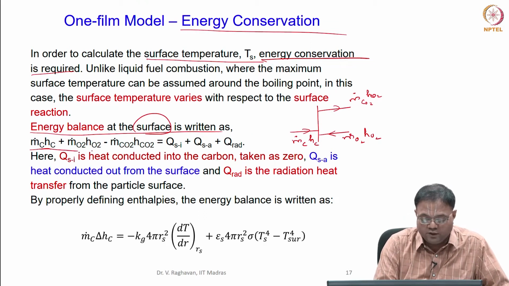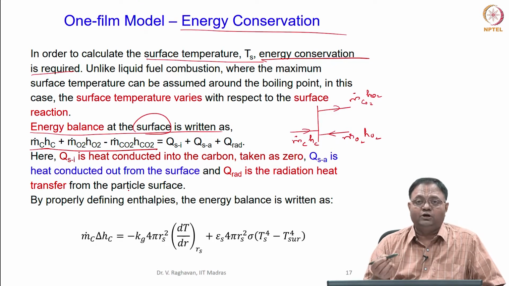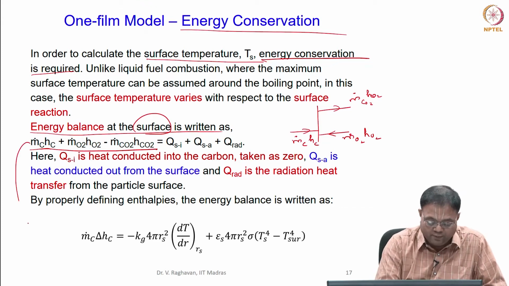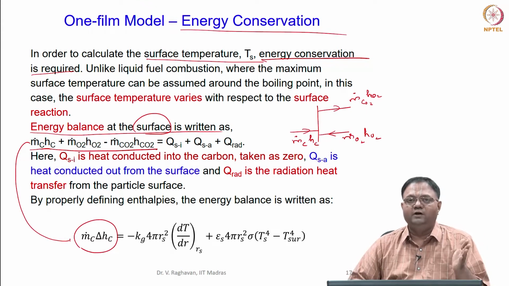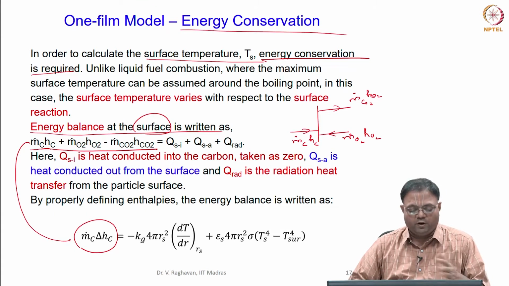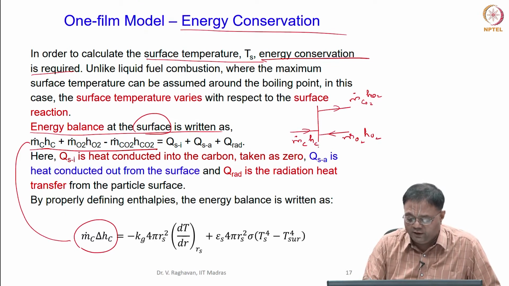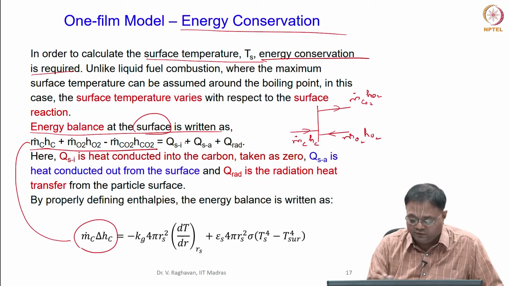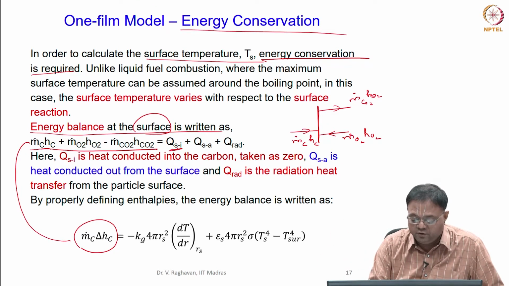This is the chemical reaction, and there will be heat released due to the chemical reaction. This can be represented by m dot C into delta Hc, which we demonstrated when we did droplet combustion also. Once heat is generated at the surface, because here everything is completely within the surface and there is no other reaction zone, there will be heat transfer from the surface.